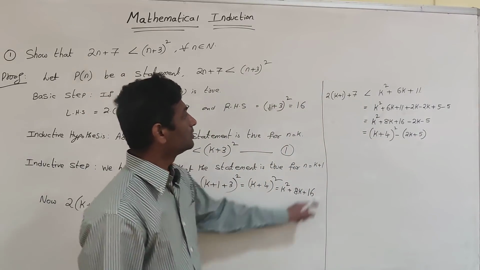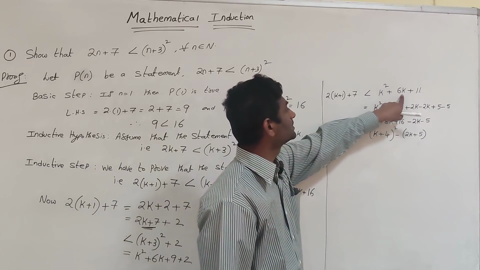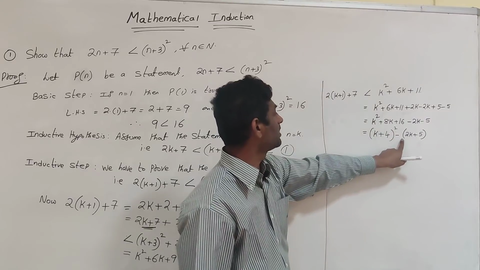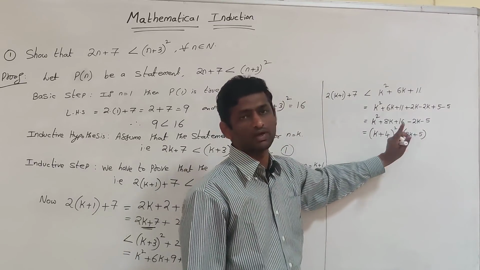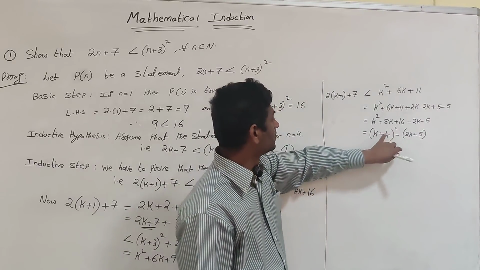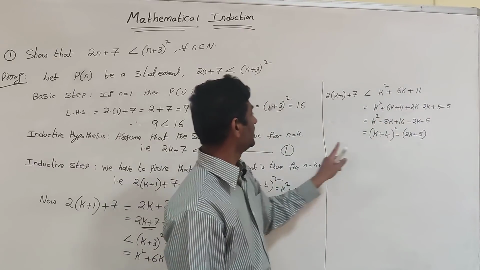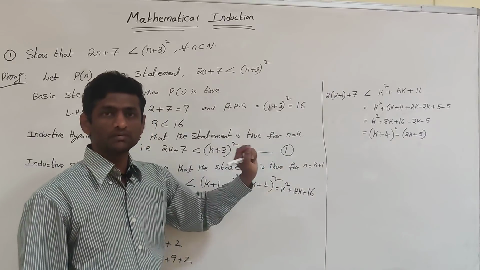So k square plus 6k plus 11 is the same as (k plus 4) whole square minus (2k plus 5). But (k plus 4) whole square is always positive, as k indicates a natural number.